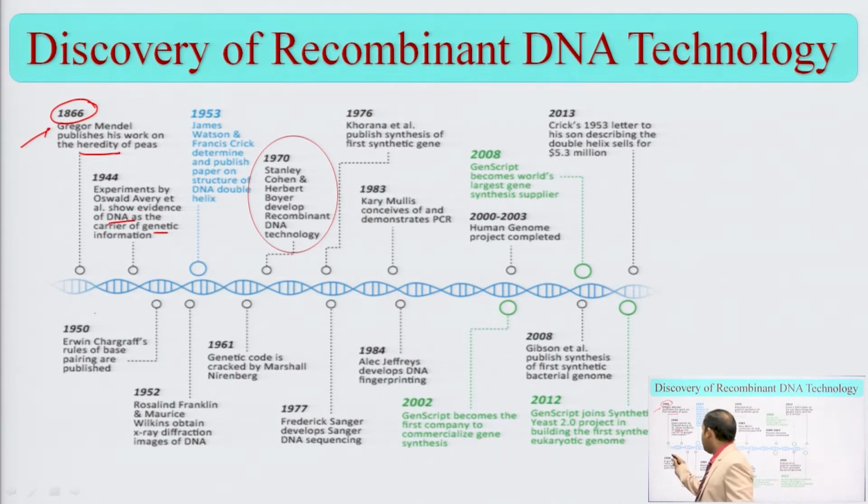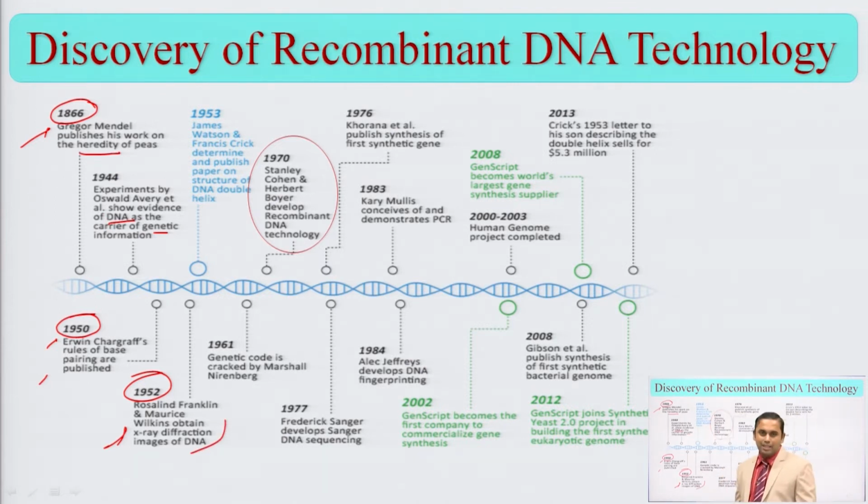Then in 1950, you got to know about Chargaff's rules, base pairing, where he told how it happens. Then a great scientist for whom I have huge respect, Rosalind Franklin, obtained the X-ray diffraction images of the DNA. Watson and Crick got the Nobel Prize in 1953, after 1 year, because they told that DNA is a double helix, joined together in a helical structure.